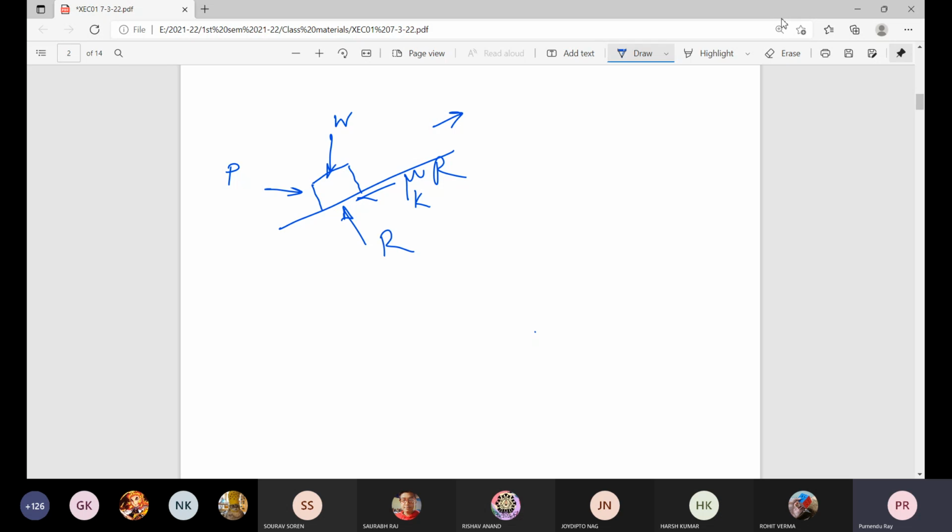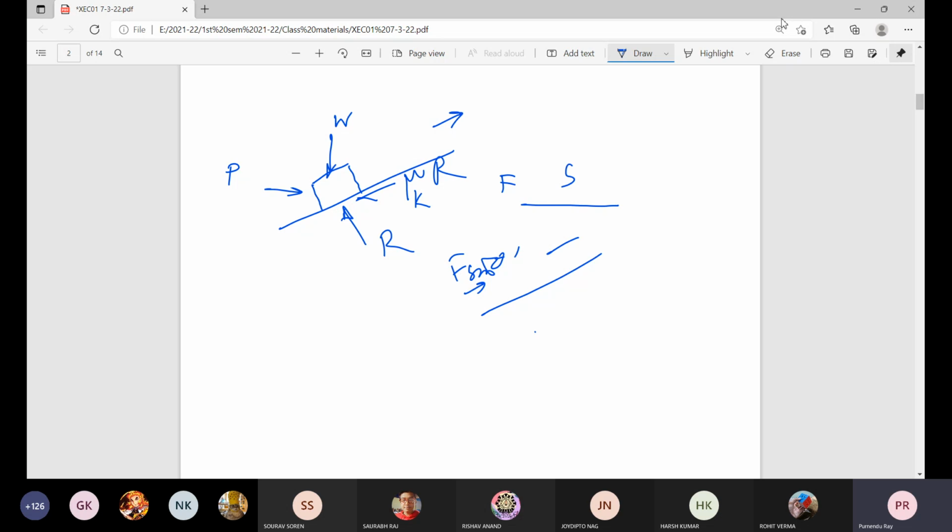So either you resolve the displacement along the direction of the force, or you resolve the force in this direction, some F sin theta like thing, and actual movement in this direction.